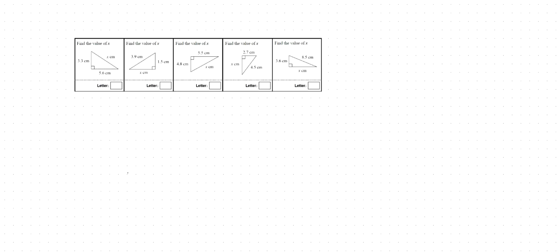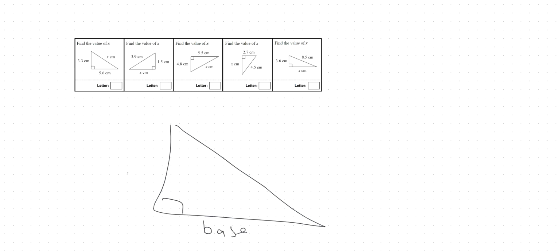So in a triangle with a right angle, we have got B, the base. We've got then our shortest side, which is A, and then we've got this longest side, which is called your hypotenuse.